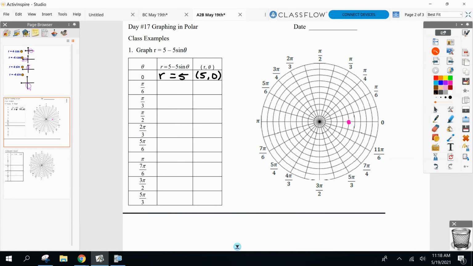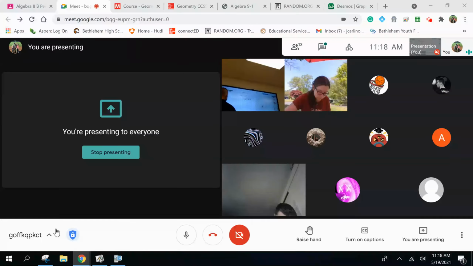All right, you guys ready? I'm going to start calling on people. Pi over 6. Round to the nearest 10th if you need to. R is equal to what when you plug in pi over 6 now?